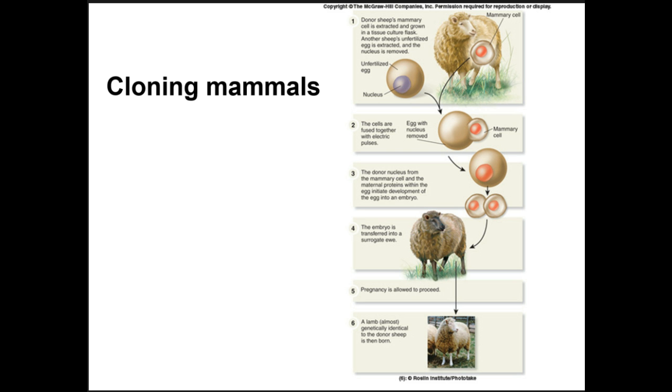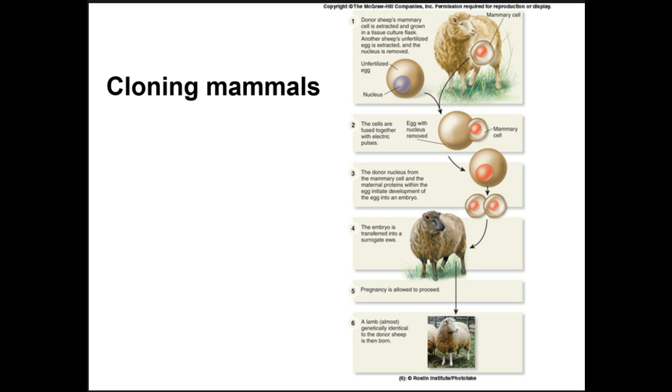Remember, in an unfertilized egg, the nucleus is going to be haploid, in that you cannot start to make a baby from this egg unless it becomes diploid through the fertilization of sperm. In the case of cloning, however, they took the diploid nucleus from the mammary cell and then put it inside of the unfertilized egg that had had its nucleus removed.